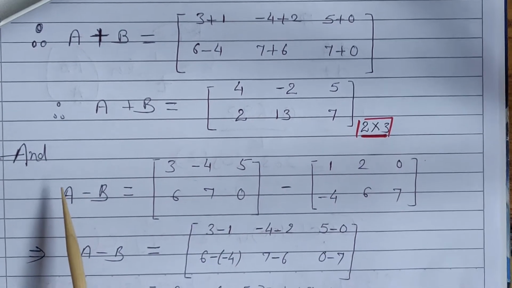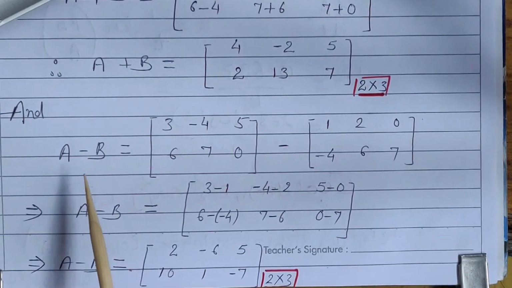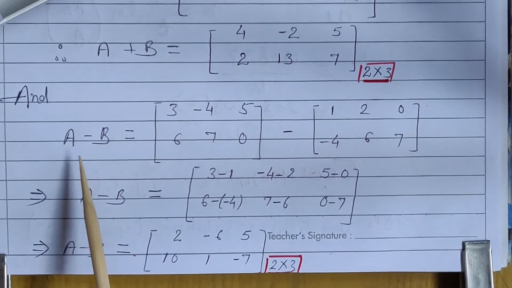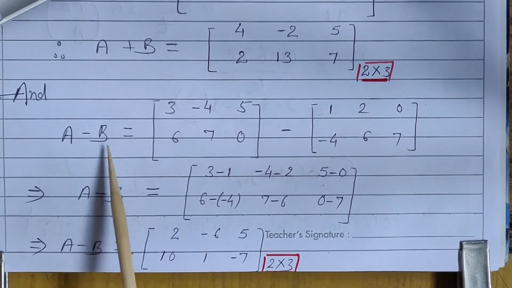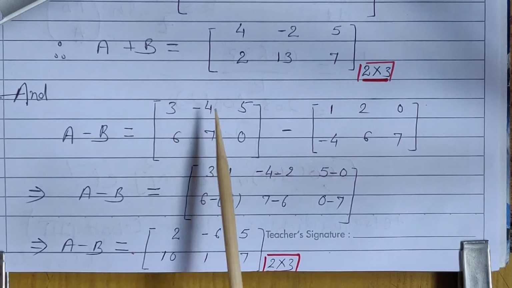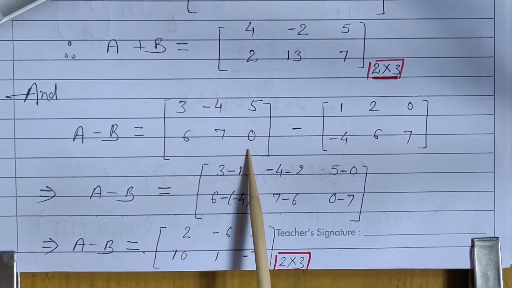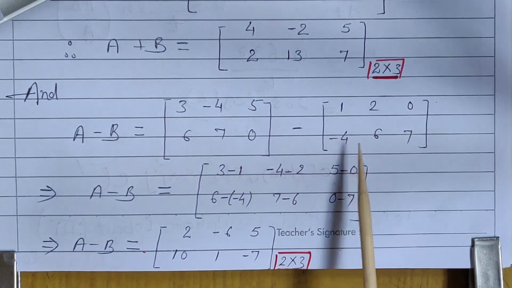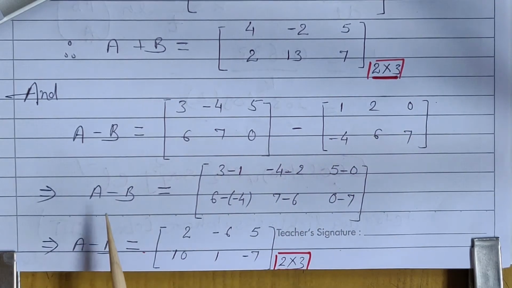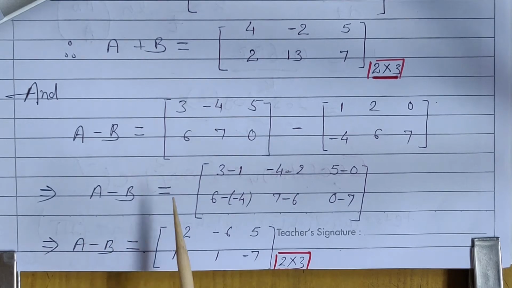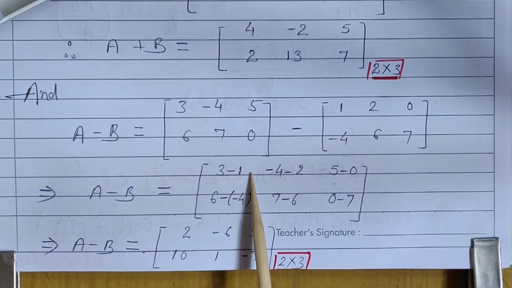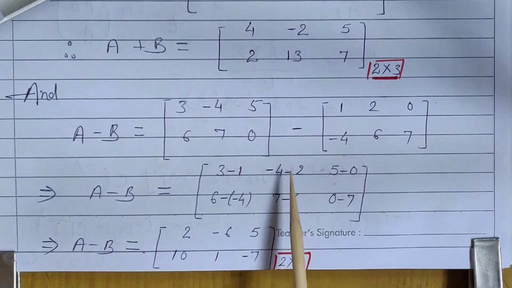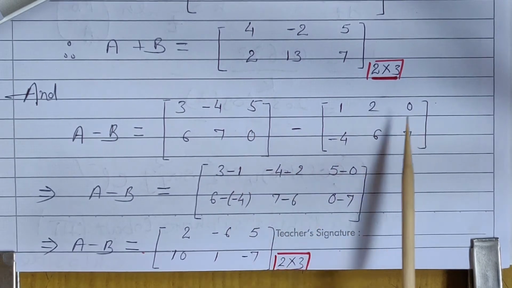Now subtraction for these two matrices will be like this: A minus B equals 3 minus 4 5 6 7 0, minus sign is there, 1 2 0 minus 4 6 7. Now we can get easily A minus B equals 3 minus 1, minus 4 minus 2, 5 minus 0.